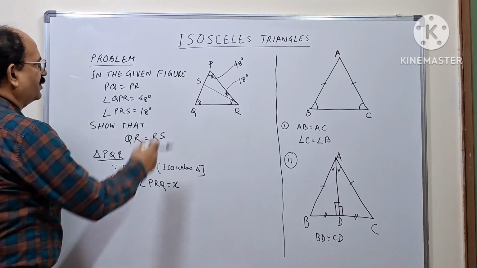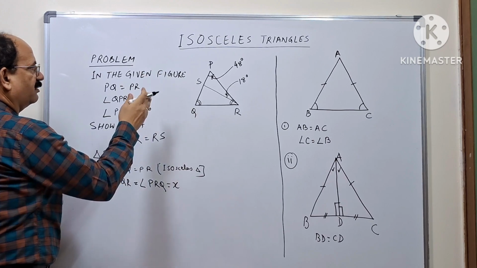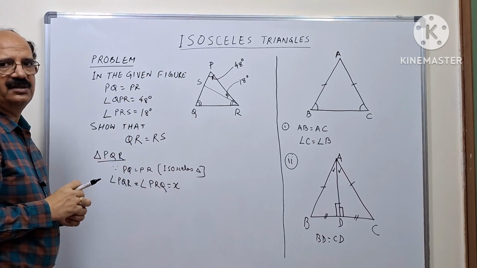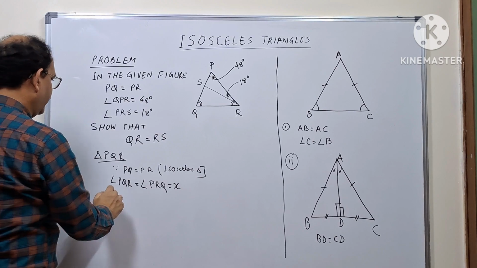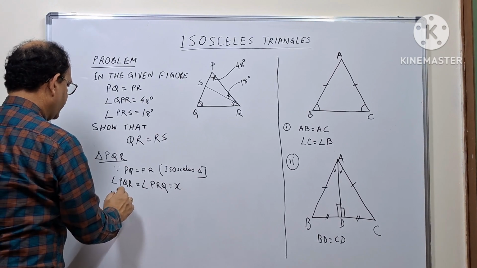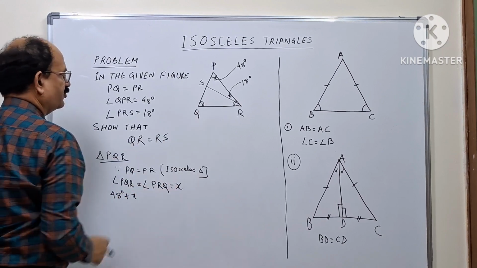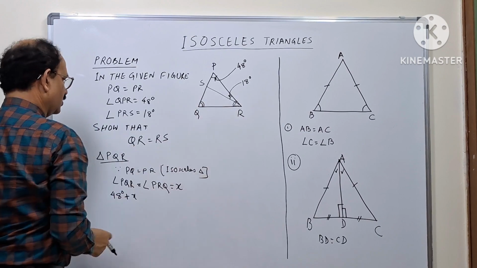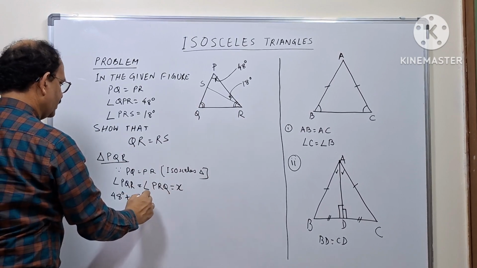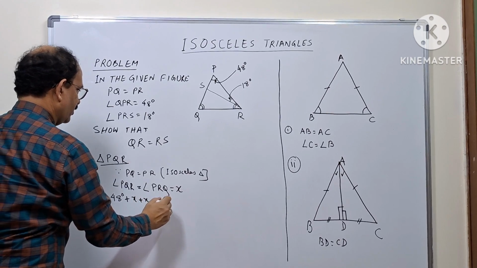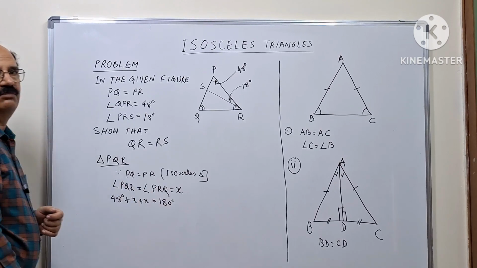Then if we use the property of a triangle, that the sum of the three angles of a triangle is 180 degrees, then 48 degrees plus this angle, which is X as we have shown here, this angle PRQ is also X. So the sum of that will be equal to 180 degrees.